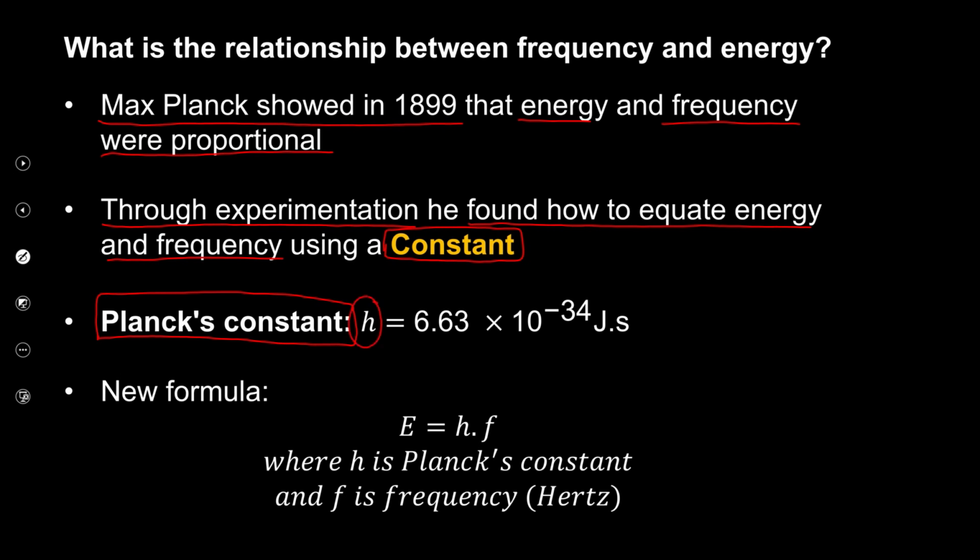Its magnitude is only 6.63 times 10 to the minus 34 joule seconds as a unit. But, valuably, it gives rise to a new formula for us to use. In this formula, we are able to equate the energy of an electromagnetic wave to its frequency by multiplying the frequency by Planck's constant. This gives us our energy reading in hertz.